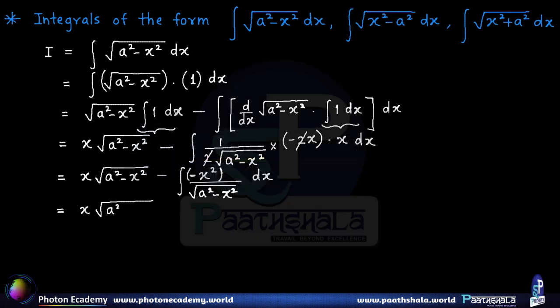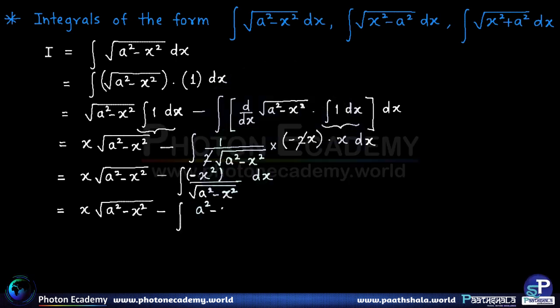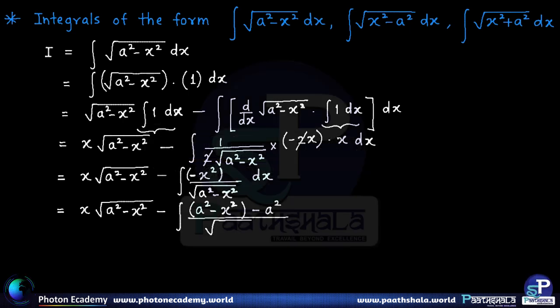So the first term is as it is, that is x into root of a square minus x square minus, now here first of all we add a square, then write minus x square as the first term, but we must subtract a square because that is what we had added on our own, whole upon root of a square minus x square, right, dx.